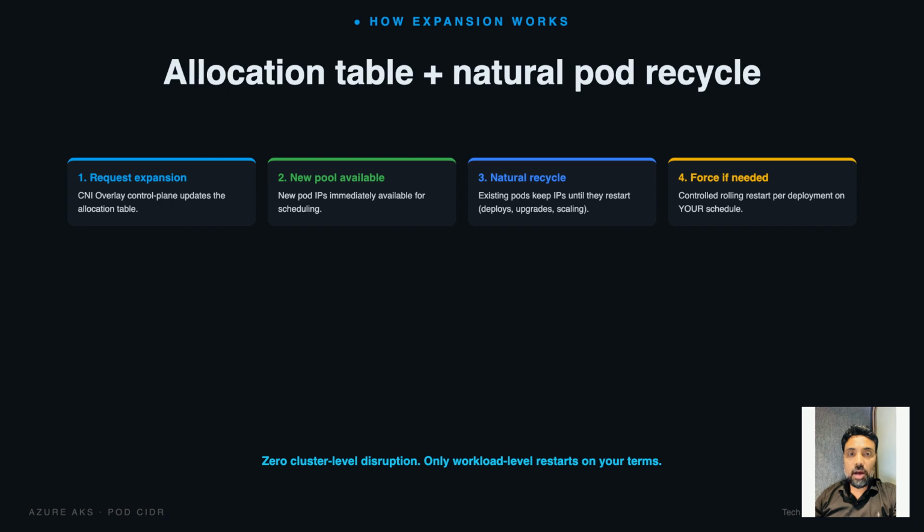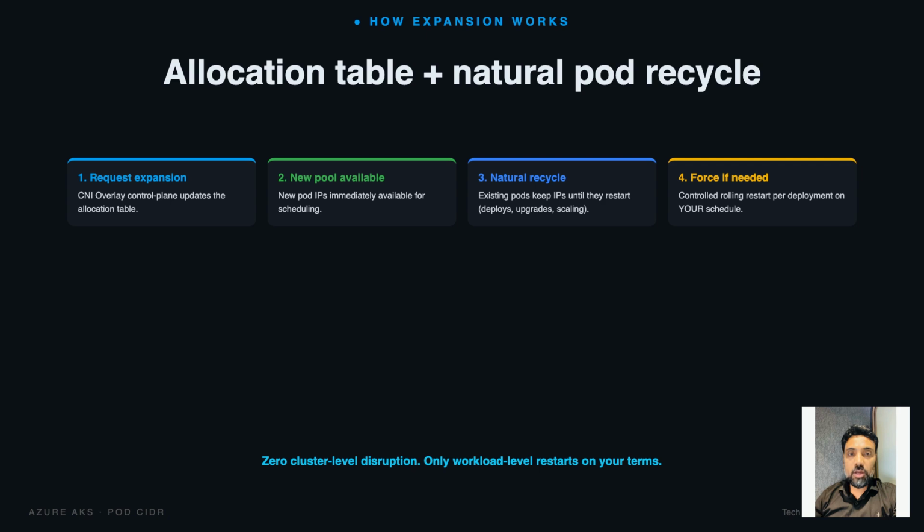Existing pods keep their current IPs until they restart naturally through deployments, node upgrades, or scaling events. For teams that want to force the expansion faster, you can do a controlled rolling restart of your workloads, deployment by deployment in your existing rollout patterns. No cluster level disruption required, just workload level restarts on your schedule.